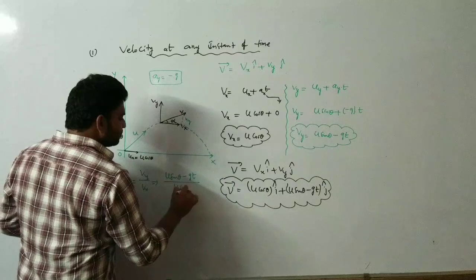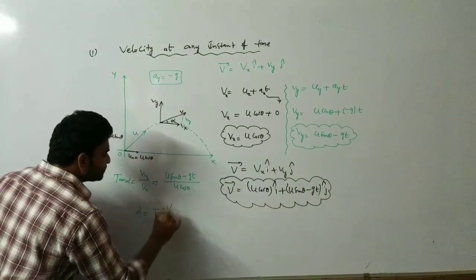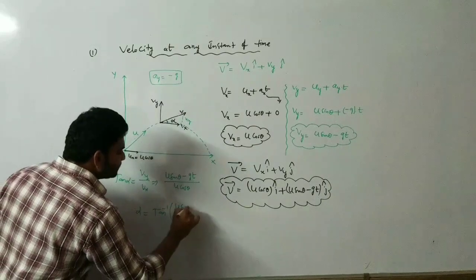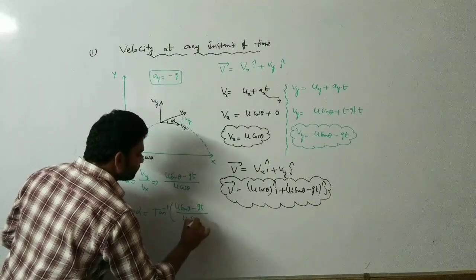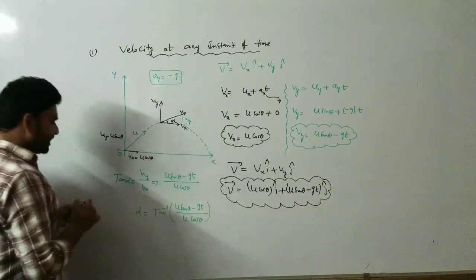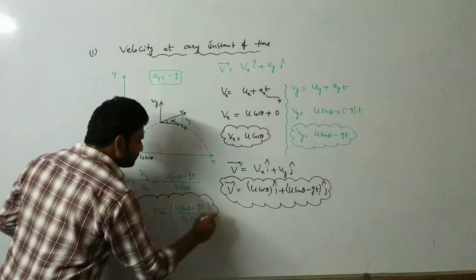So from here alpha can be written as tan inverse of u sin theta minus gt by u cos theta. So this is the final expression for direction. I hope you understand this particular concept.